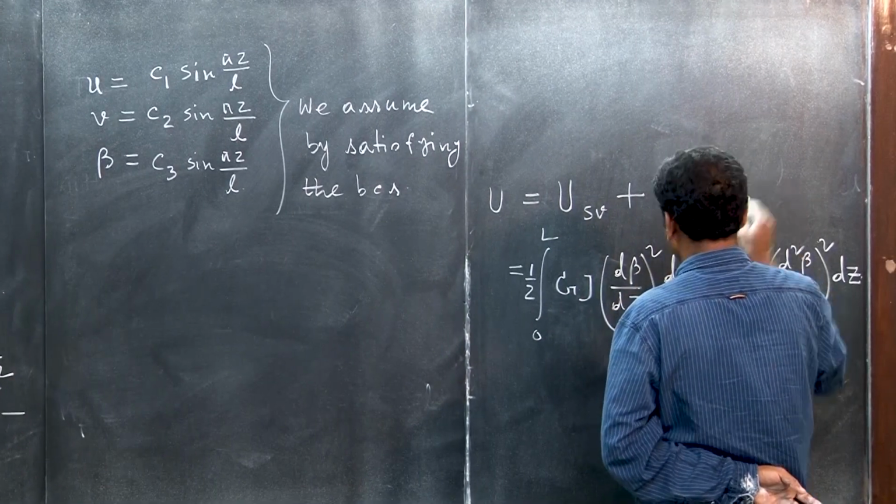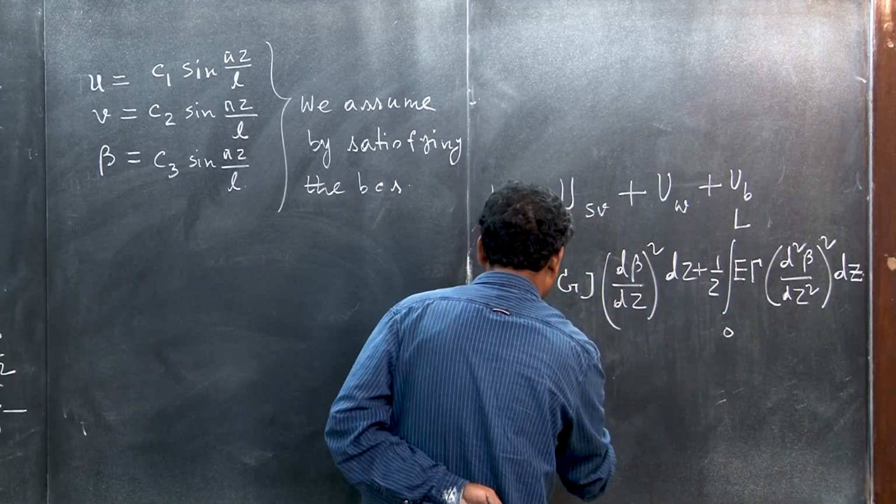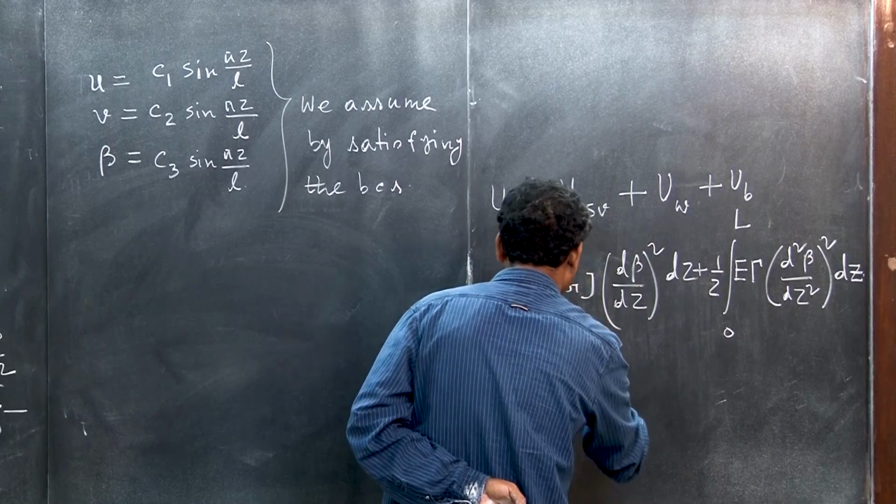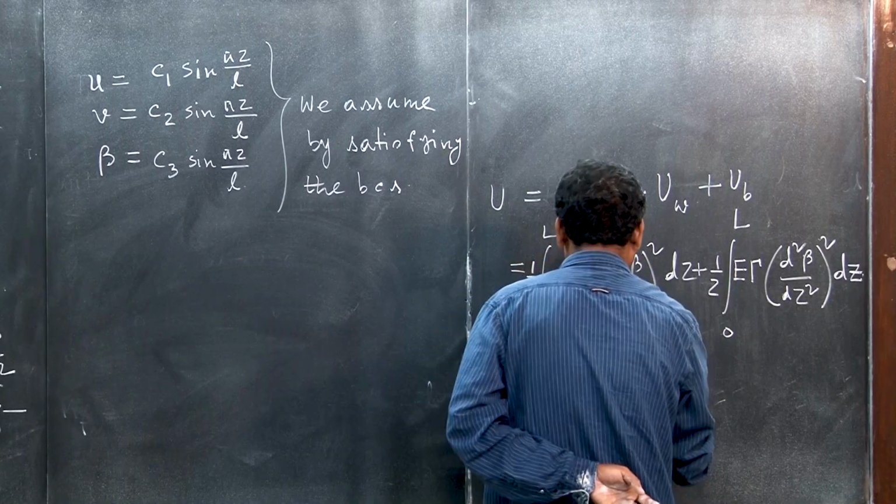And now the total strain energy will be the strain energy due to bending and torsion. The strain energy due to bending will be half integration 0 to L EIy (d²u/dz²)².